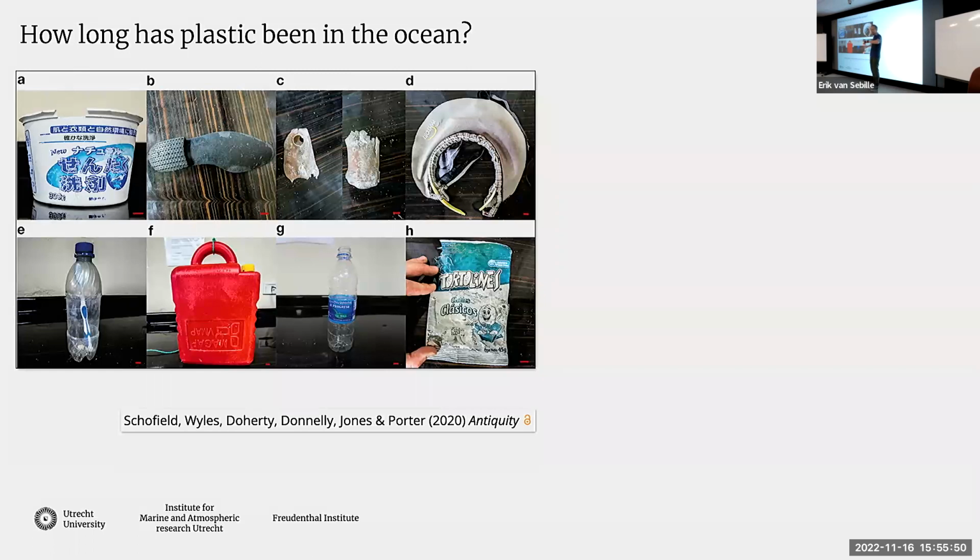And a really nice story about this, I think I have time for that, is from when we were doing this in Svalbard Island. Svalbard is up in the Arctic, north of Norway. My collaborators cleaned up all the beaches of this island archipelago.